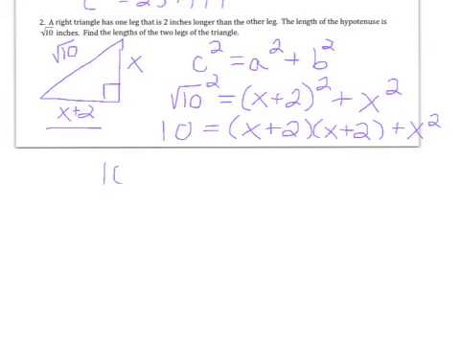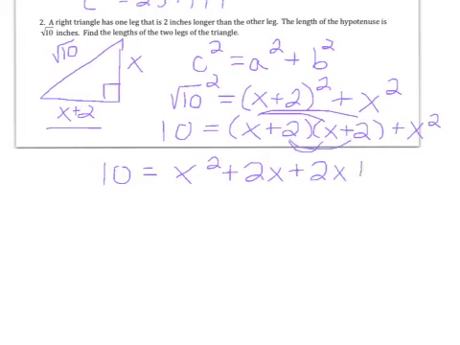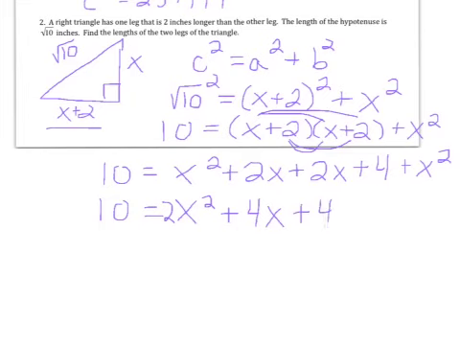So we have 10 equals, let's FOIL this out, x squared plus 2x plus 2x plus 4 plus x squared. So that'll give us 10 equals 2x squared, because there's 2 of them, plus 4x plus 4.